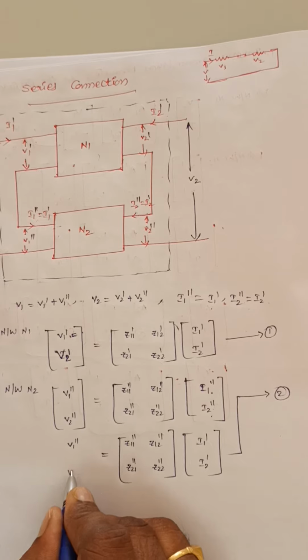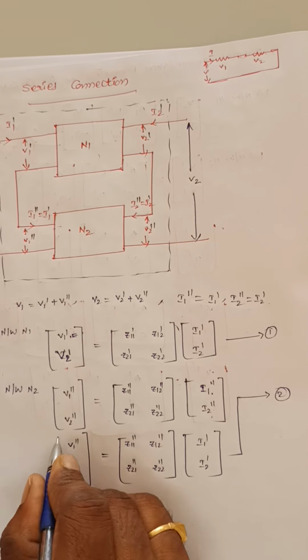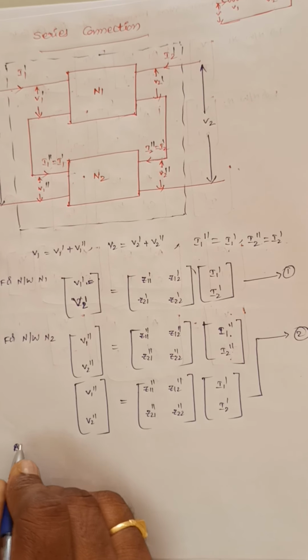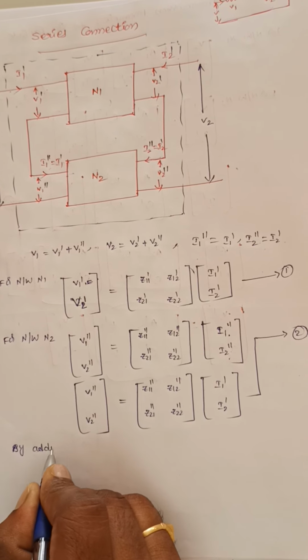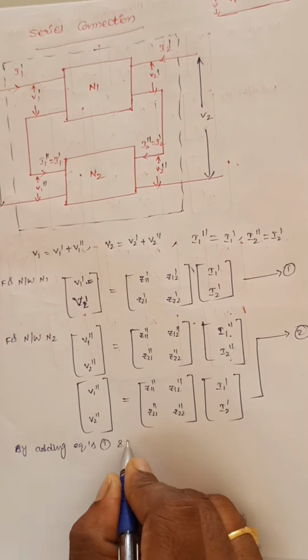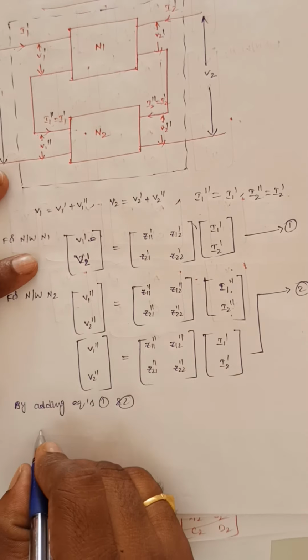Now it is V1 double dash, V2 double dash. By adding equations 1 and 2, what do we get here?